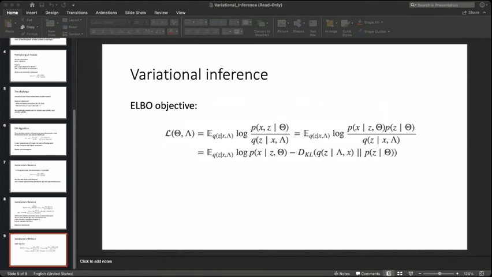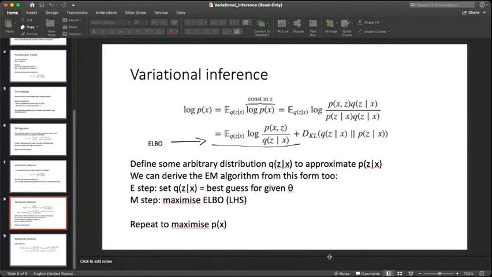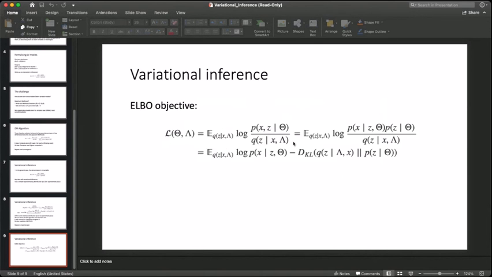Sorry, can you go back one minute? Okay, and then can you go on? So you can see this thing I underlined here, that's where I start off, the first thing: L equals that.